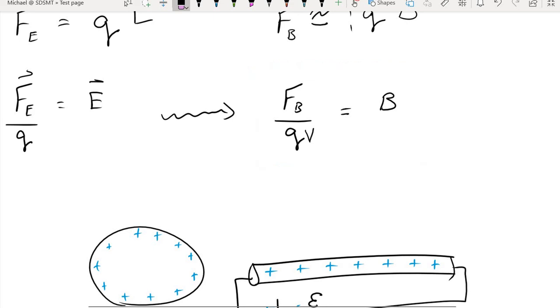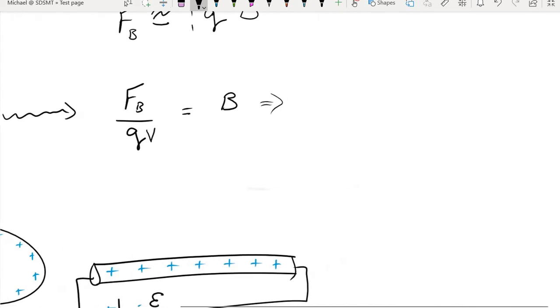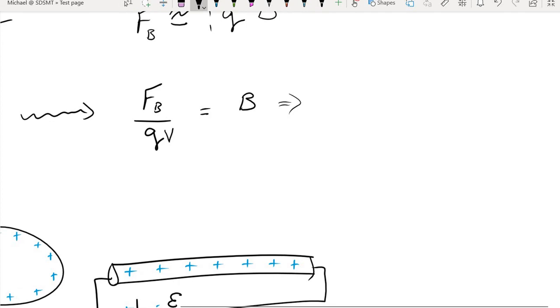But that's okay, because we can now take this expression and we can rearrange it to say that the magnetic force that acts on a moving charge of velocity v through field B. We can put those vector hats together, but I now have the product of two vectors.